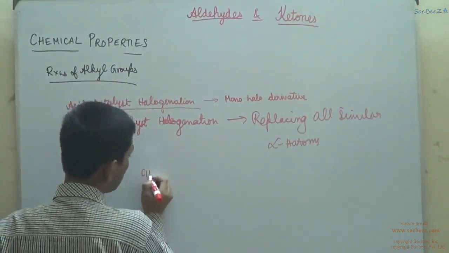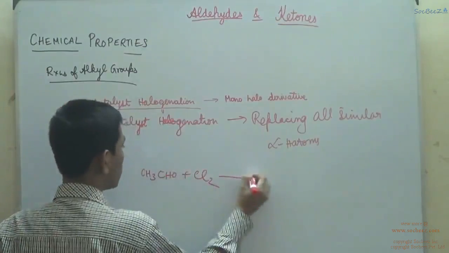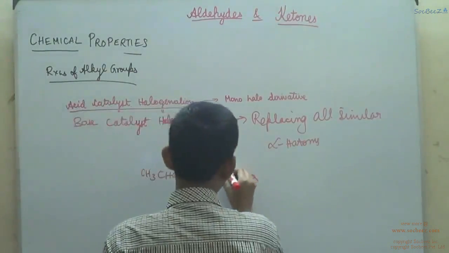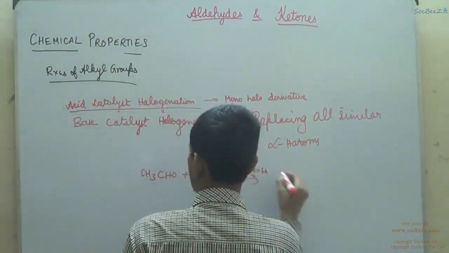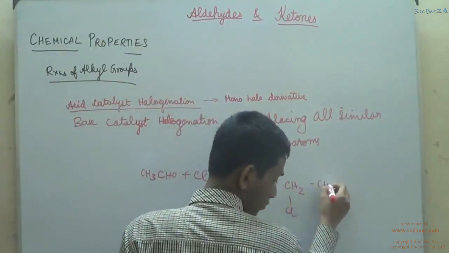So let me take an example. What is this? Acetaldehyde. You take it with chlorine, and let me take an acid catalyst, that is acetic acid. You get CH2ClCHO.